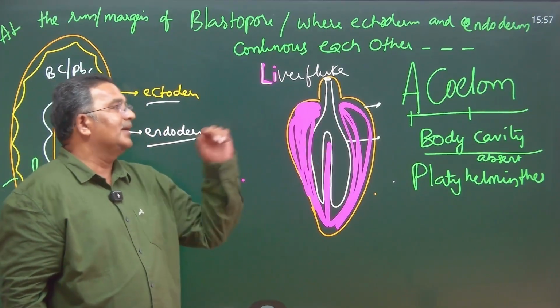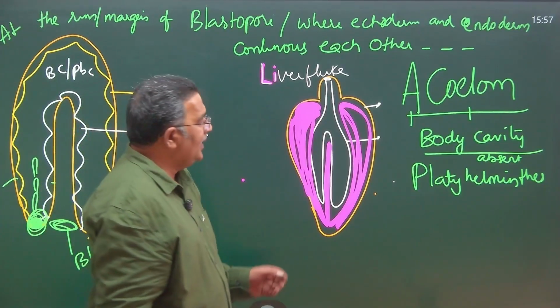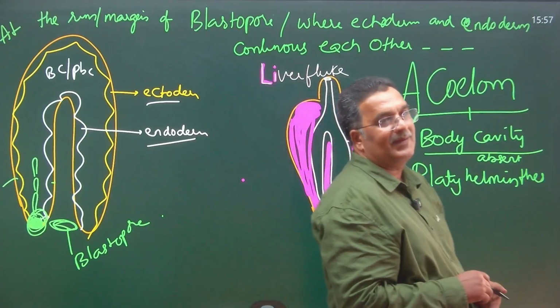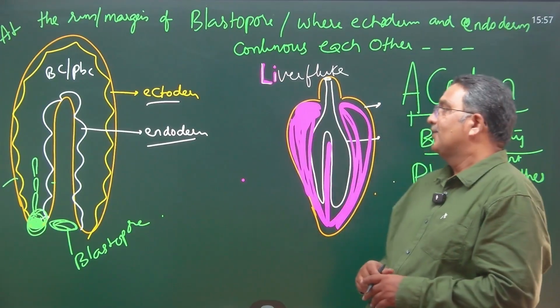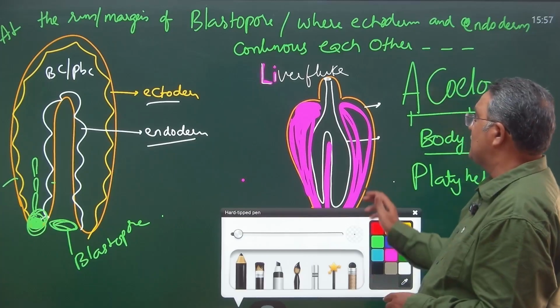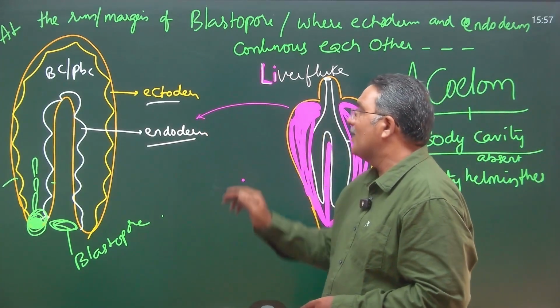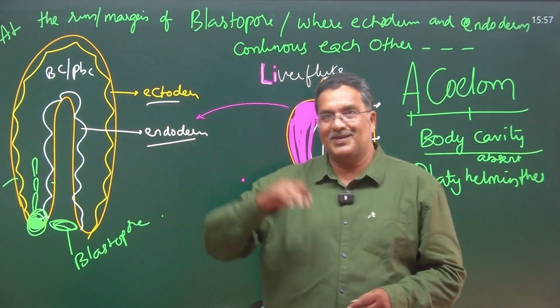We are asking Fasciola hepatica or liver fluke, why don't you have a body cavity? So, what answer are we getting from Fasciola? They are saying look back. Look back means embryonic development.